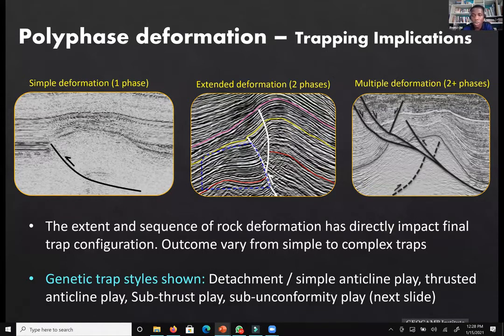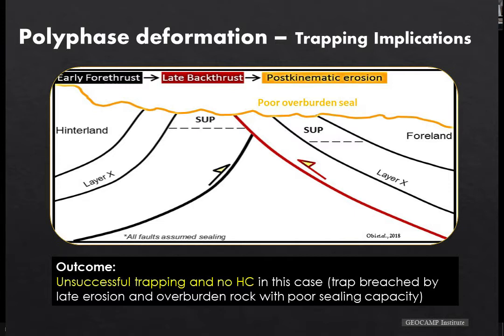We have a subthrust play, we have a thrusted anticline play, and you can actually argue that we have a simple faulted rollover anticline or faulted rollover play, if you think of it as an extensional system. I'm talking about the figure on the right. The next slide has a sub-unconformity play, which I'll just show you.